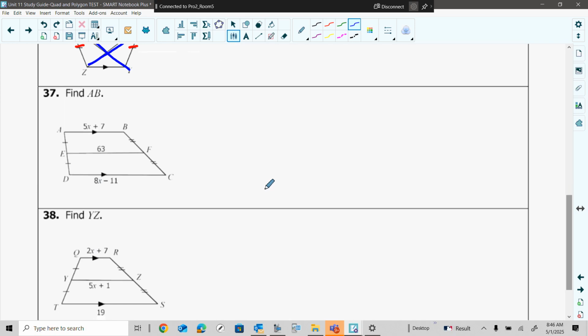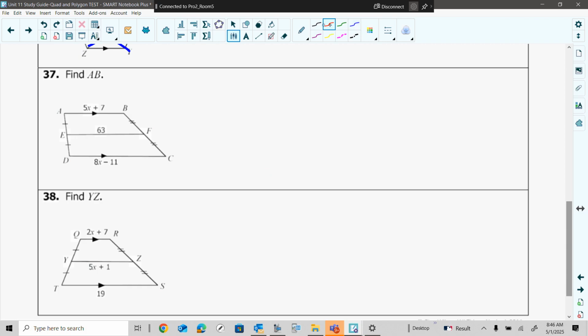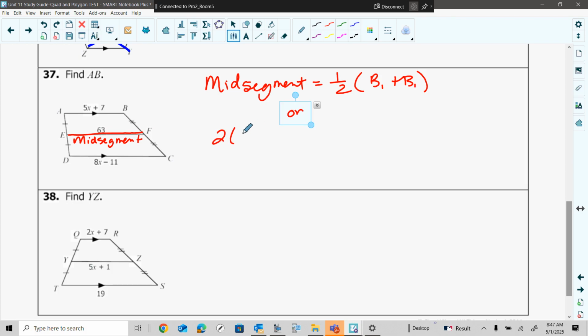All right, and then the last two we got to talk about, because EF is the mid segment. The formula says your mid segment equals half of base 1 plus base 2, half the sum of the bases. Or you can double the mid segment and it equals the sum of the bases.